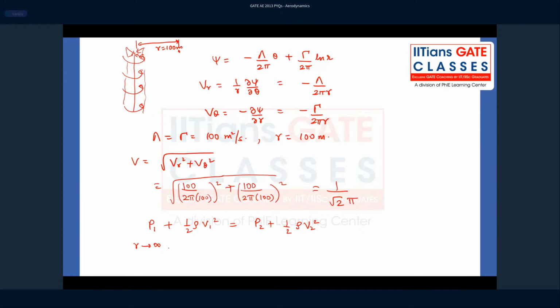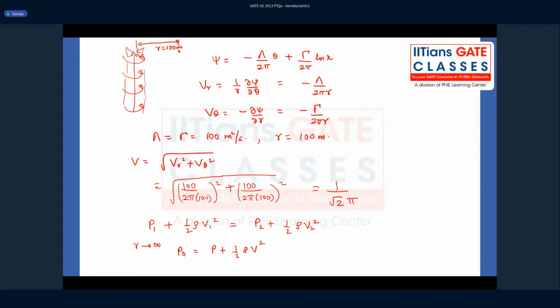So in that condition, your P naught is going to be P plus half rho V square, right? Now, that point at infinity, you can assume to be at the same height, so that there is no effect of hydrostatic pressure distribution.